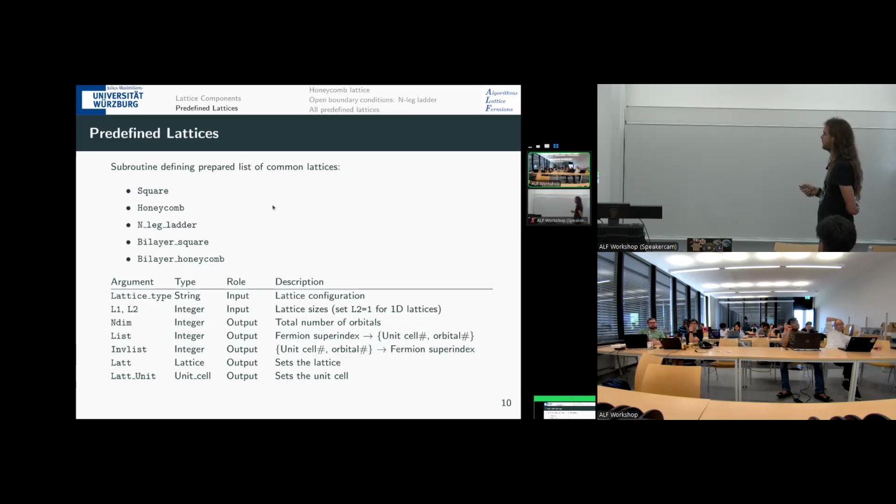And then they produce our lattice, the Bravais lattice, the unit cell, the list, the inf list, and you just have to say which lattice type, one of these, and then the size of the lattice.